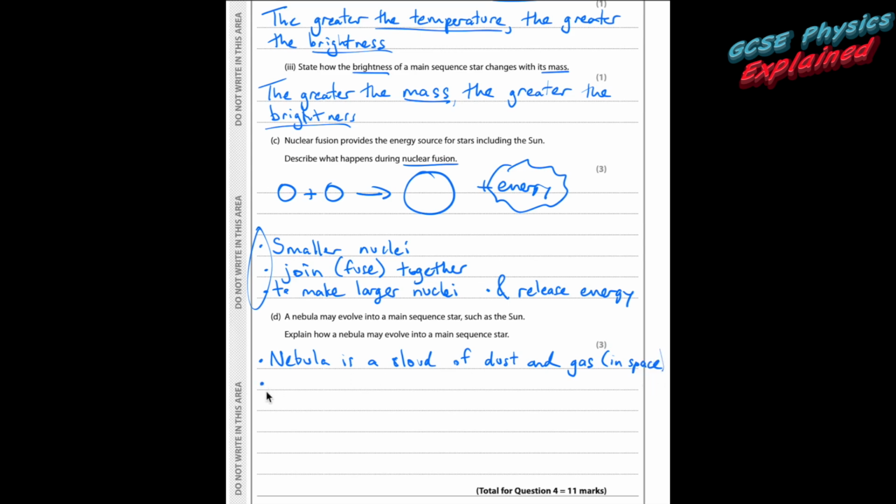Now gravity pulls it together, and as it does so, friction makes it get hotter and hotter. Really it's got to get to 10 million degrees Celsius-ish. Then the atoms are travelling so fast that the nuclei can fuse together, and that's when the nuclear fusion starts, once it's hot enough.